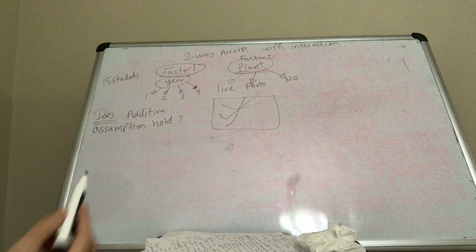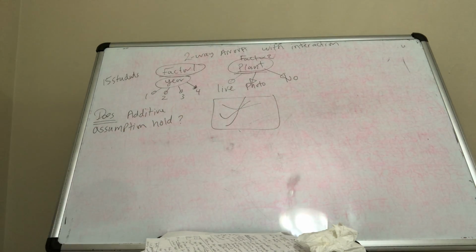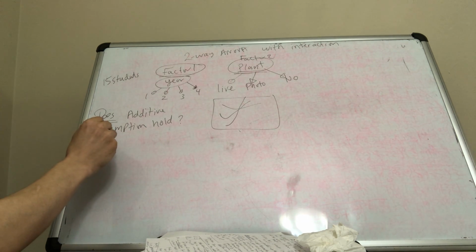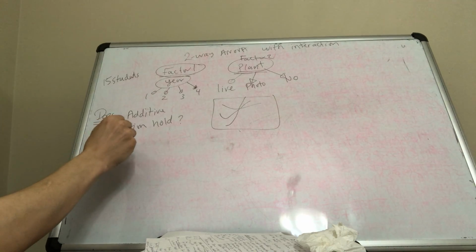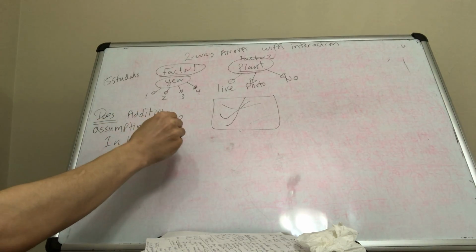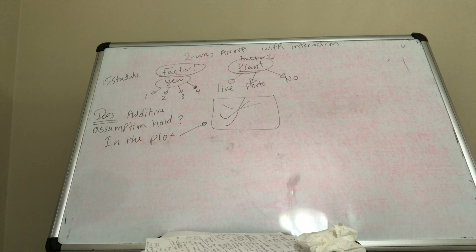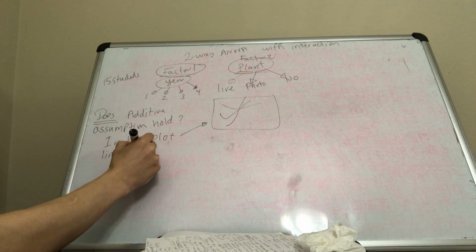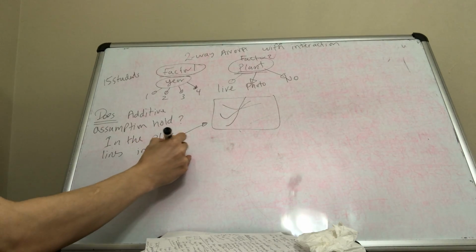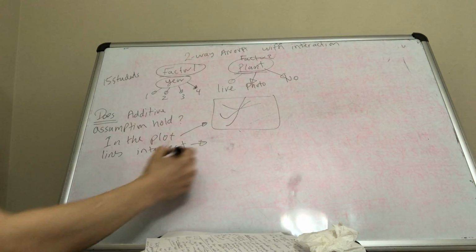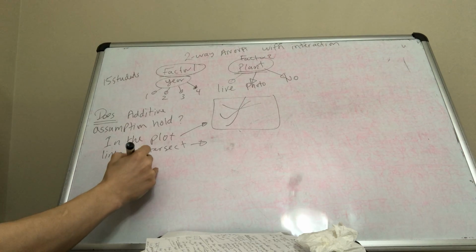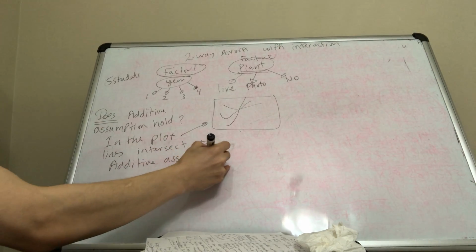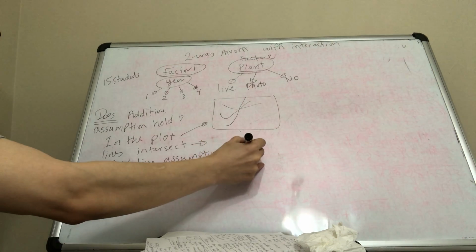You look at the lines. Do they intersect? If they intersect, you say in the plot, and you name the plot, lines intersect, and if they intersect, then the additive assumption does not hold.